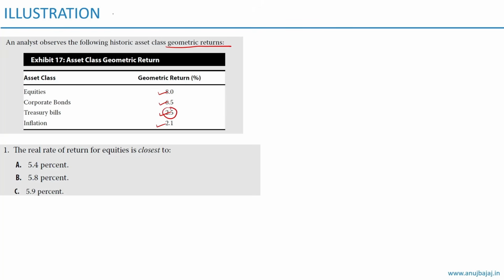The return on treasury bill can be considered as risk-free rate. We are required to compute the real rate of return for equities. It is 1.08 divided by 1 plus inflation, which is 1.021, minus 1. This should give us the real rate of return 5.88%. Option B is the correct answer.